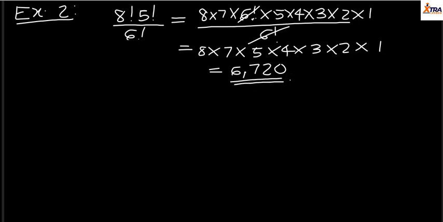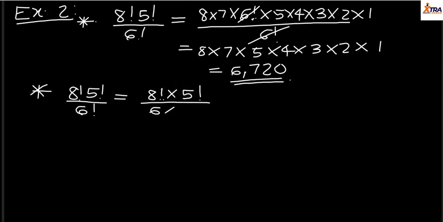Now you need to understand that it is not only one process that we use to analyze it. You can pass through a series of processes that is not even just this one. So we need to understand the ambiguity of this question. When you have 8 factorial times 5 factorial over 6 factorial, another way you can express this is to look at the 8 factorial, and say 8 factorial times 5 factorial divided by 6 times 5 factorial.